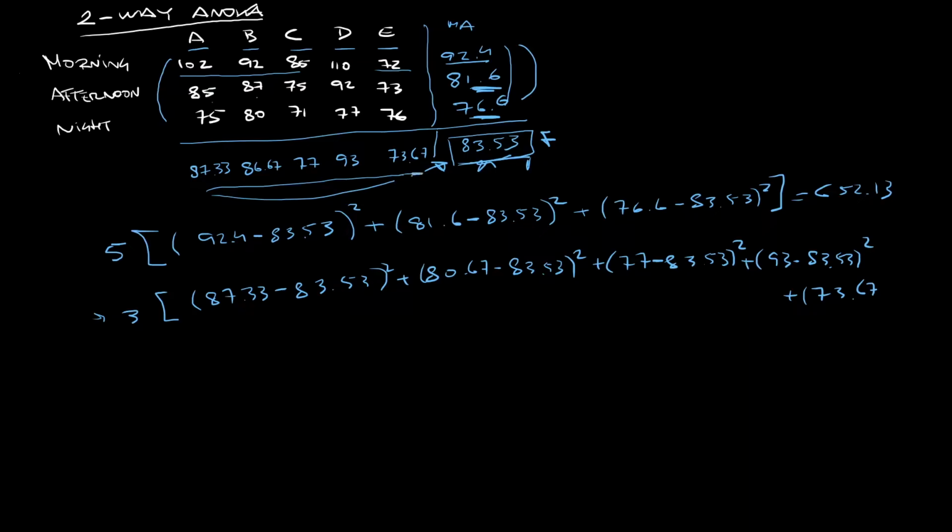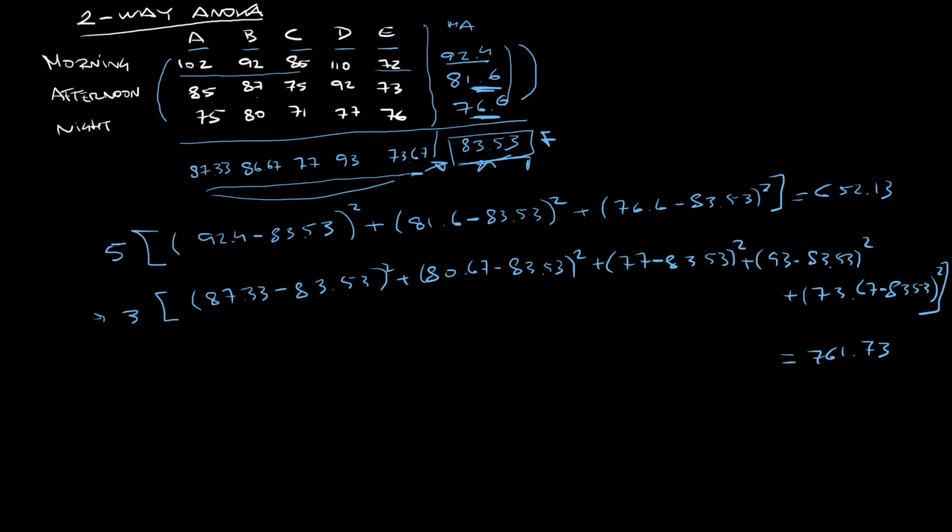Remember, it's the last one we're doing here, minus 83.53 squared. And this will give us the value of 761.73.